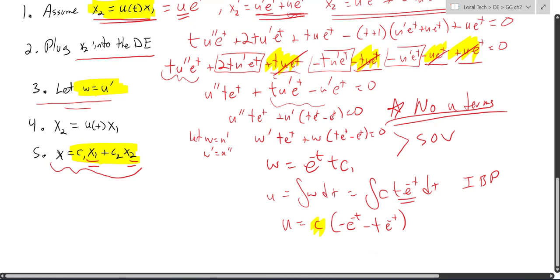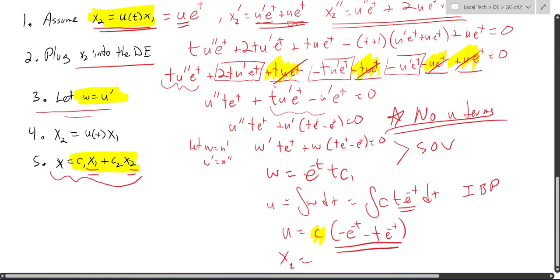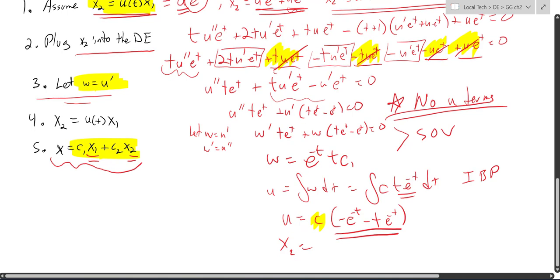So this means that our x2 value is really u times x1. Remember, x1 was our original e to the t. So when I take u, which is now negative e to the negative t minus t e to the negative t, all that stuff, multiplied by e to the t, the result is going to be negative 1 minus t.